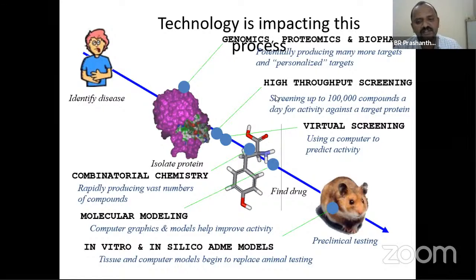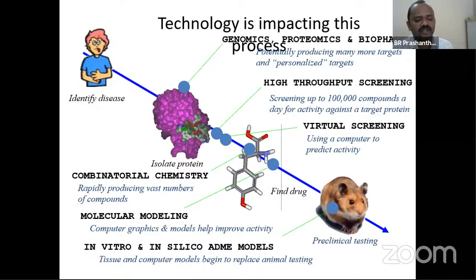We screen hundreds, thousands, lakhs of molecules per day, and we get a trend of which molecule is hitting the target and which is not. With that we can find the hits, compile them and come up with the lead structure, and then lead optimization will be there. We need to optimize the lead based on analog design.